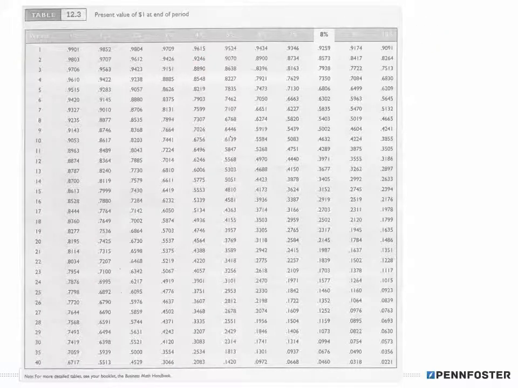Now, just as a quick aside, if you're going between 4 and 5, you can figure out the midpoint between the 4% and the 5% using this table. But that's doing a lot of math, meaning I'd have to take the 5% is 0.9524, and my 4% is 0.9615.